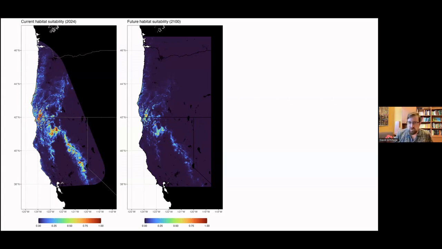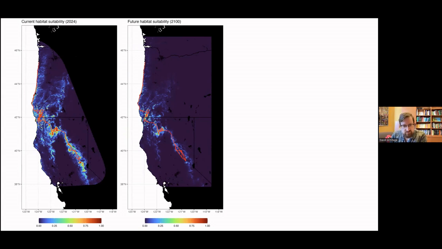So serpentine soils, the availability of cold flowing spring water. These are things that are still constraining the distribution of Darlingtonia. And so they're kind of similar to maybe redwood trees in that they're sort of trapped and potentially unable to move anywhere in the next 100 years.